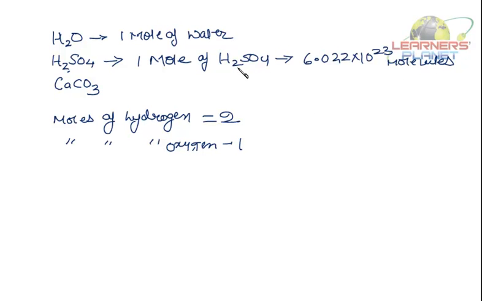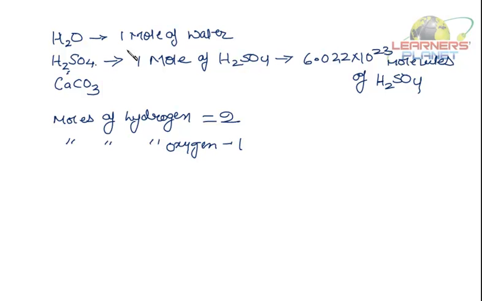And how many moles of atoms are present in 1 mole of sulfuric acid? 2 moles of hydrogen, 1 mole of sulfur and 4 moles of oxygen atoms.